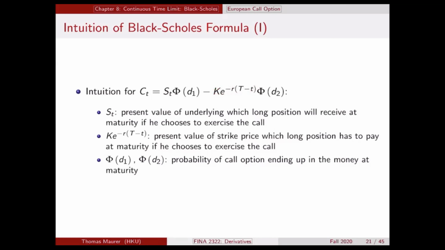Now, you only get the underlying asset and have to pay the strike price if you're actually in the money. So that's where these probabilities come in. We multiply our payoff by the probability that you're actually in the money. And again, these probabilities are not exactly the same. That was just from the derivation as we have seen before.